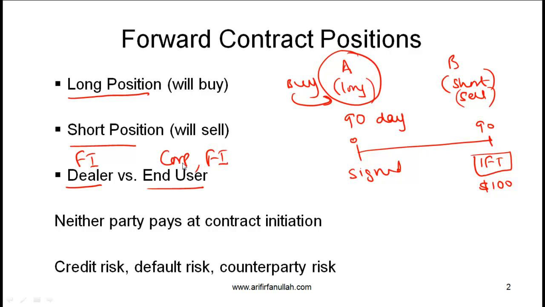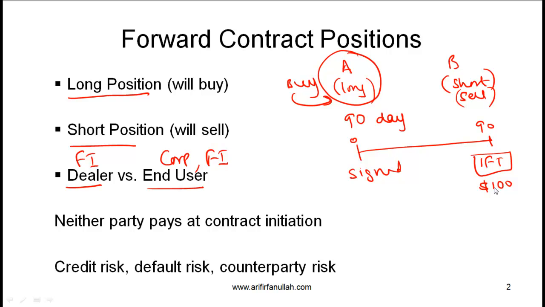Let's take a simplistic scenario. Your end user might be a corporation that desperately wants to own a share of IFT after 90 days, and it does not want to worry about what the price will be. It doesn't want to take the risk of the price going too high.